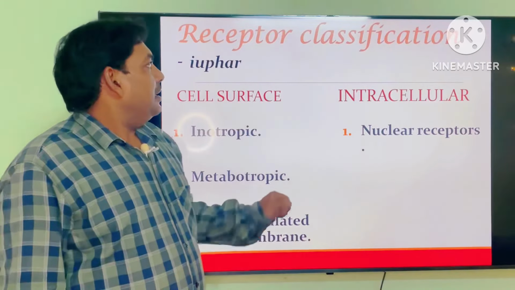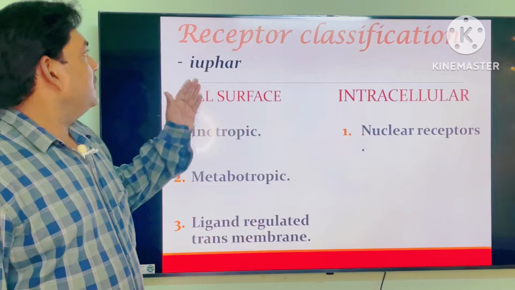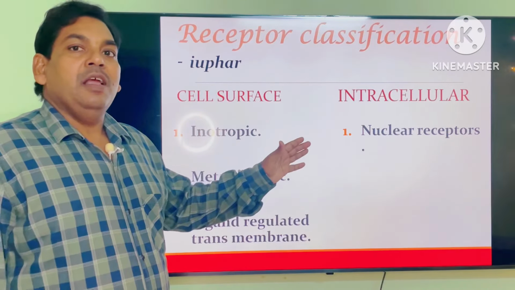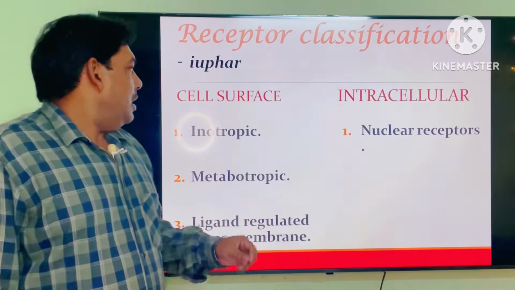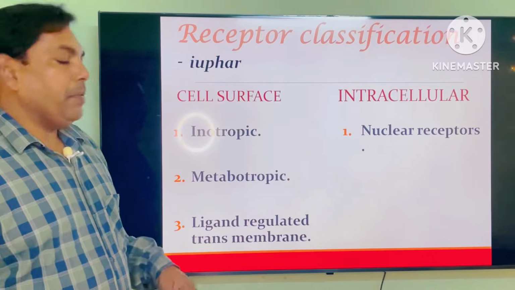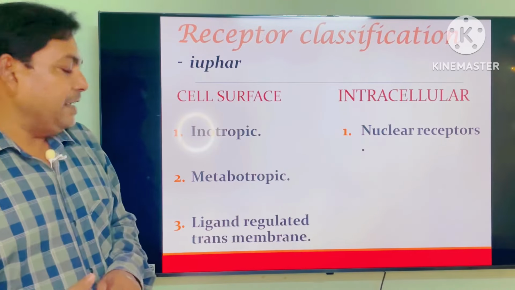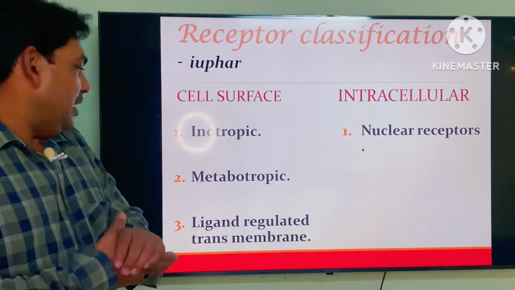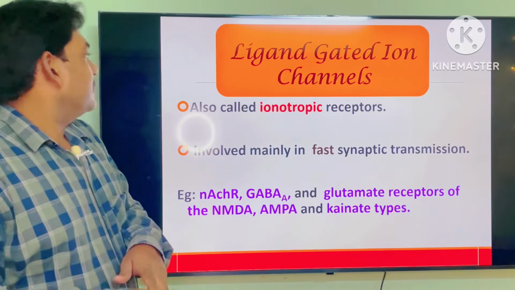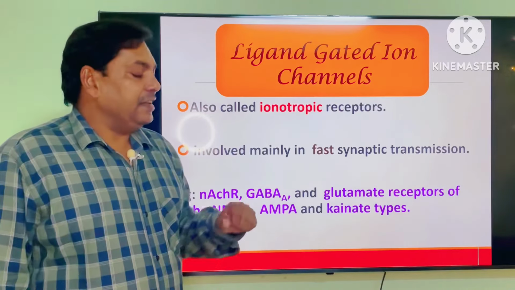Next, receptor classification. On the basis of the property of the receptor, it is divided in four parts. First is the ionotropic receptor, then nuclear receptor, metabotropic receptor, and ligand regulated transmembrane receptor. Next, the ligand gated ionic receptor.